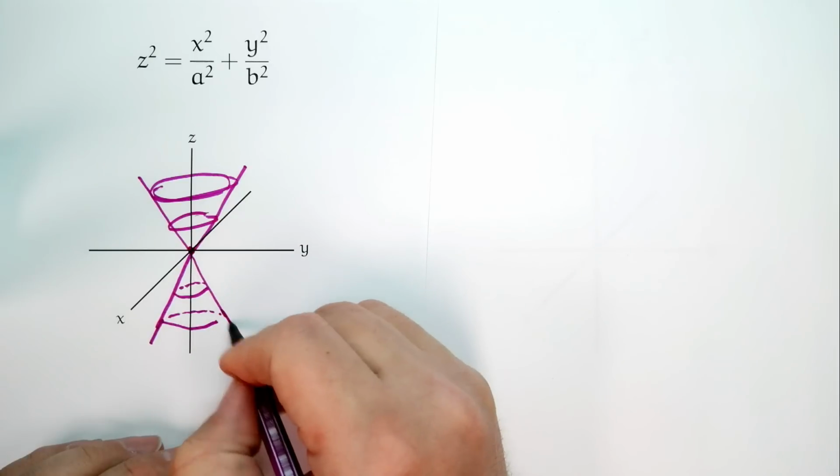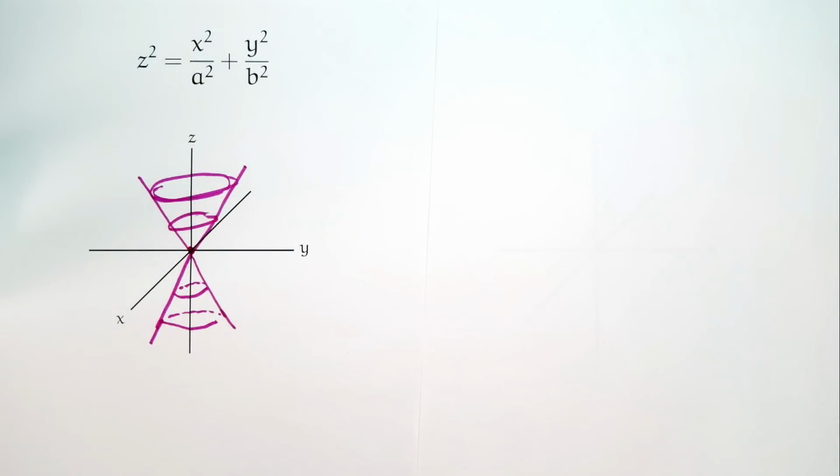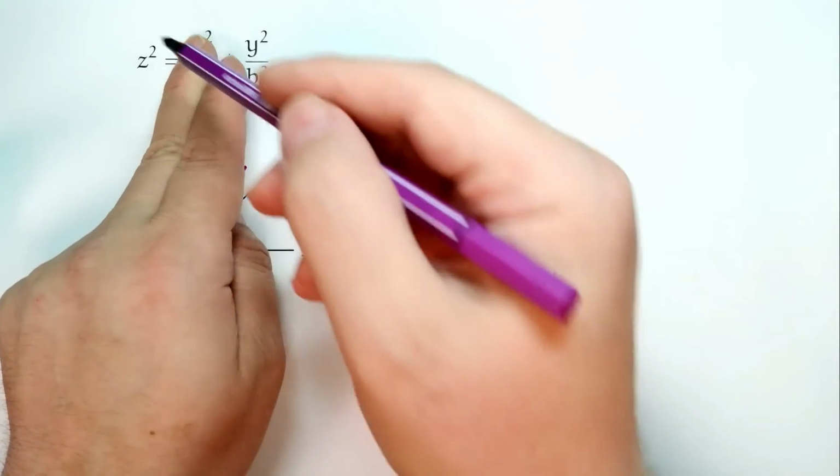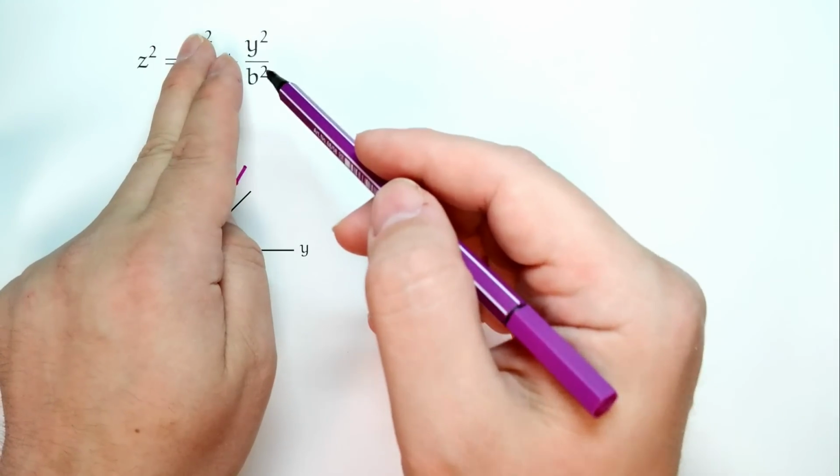And so, the surface, if I'm slicing with respect to z, what I see are circles, and so I get this shape. Now, I don't just have to slice with respect to z. Suppose for a second I say, let's set x equal to 0. So if I set x equal to 0, that means I get z squared is equal to y squared over b squared.